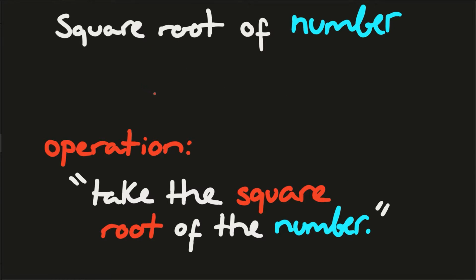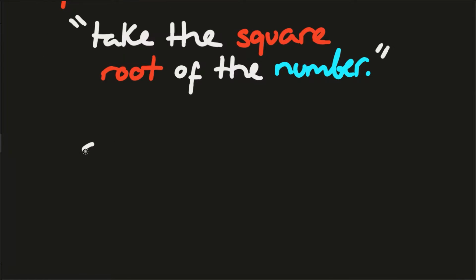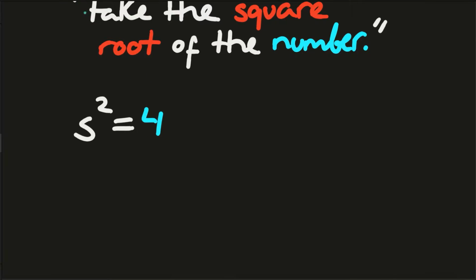There actually exists one, and mathematicians have decided to use this symbol to mean take the square root of the number. So let's rewrite the equation we just solved. S squared equals 4.